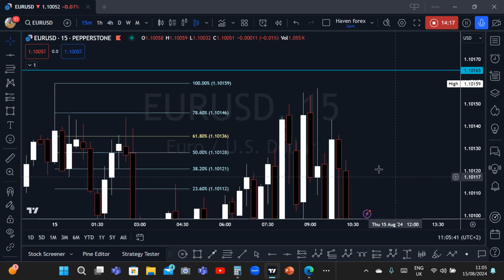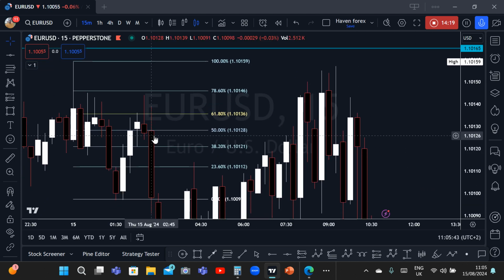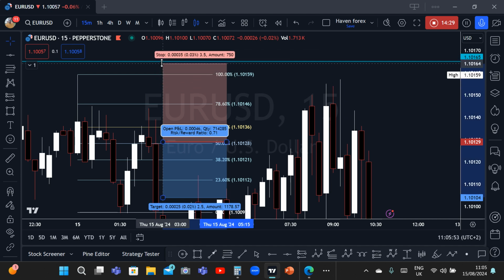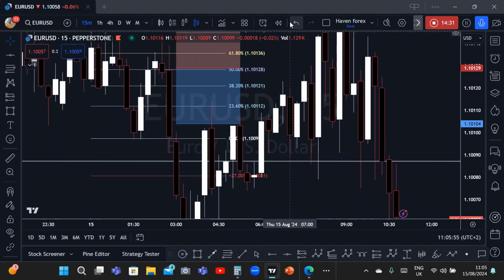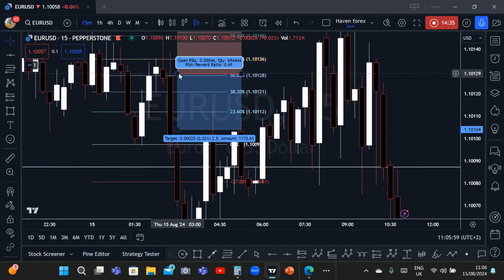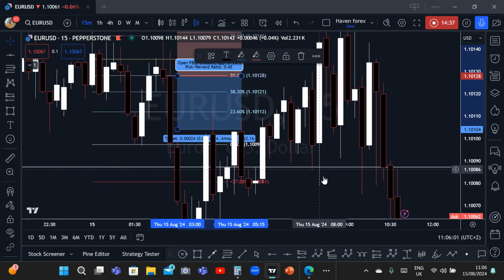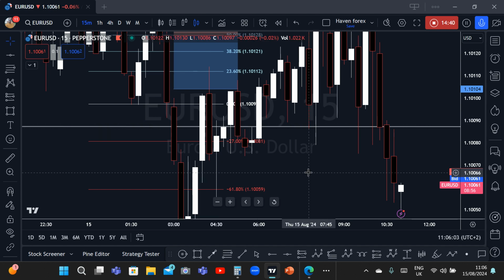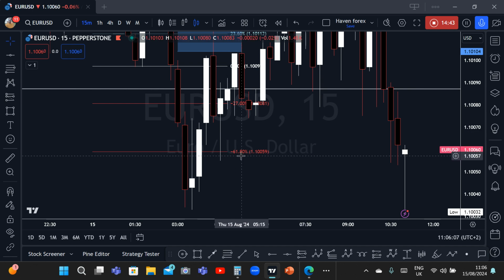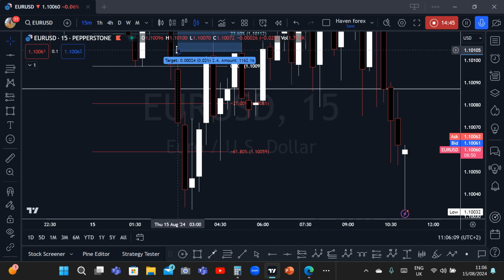It's very simple. Then you bring out this tool and put it here like this. Then your target, as I've already taught us, will always be at negative 27 or negative 61.8.